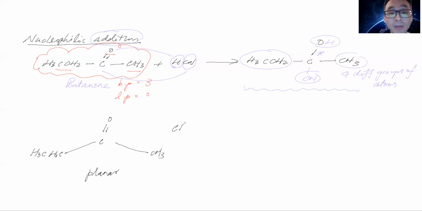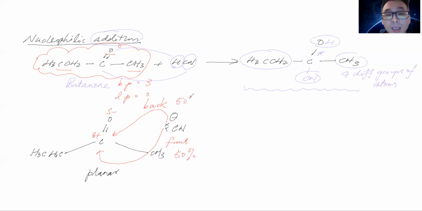If you remember the first step of the nucleophilic addition reaction, it will be the attack of the nucleophile to this positive carbon. Likewise, comparing with SN1, this one can attack from the front or from the back. Okay, so this will lead to a pair of enantiomers with equal amount because the chance for this to happen is 50-50, same as SN1, except SN1 it happens in the intermediate stage.